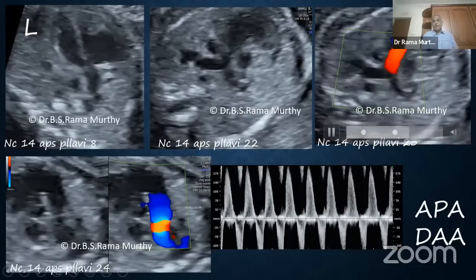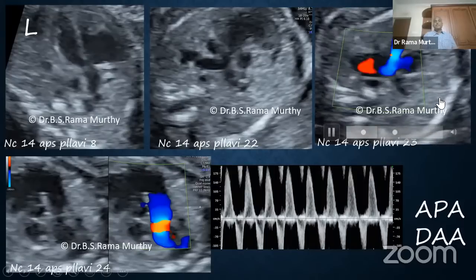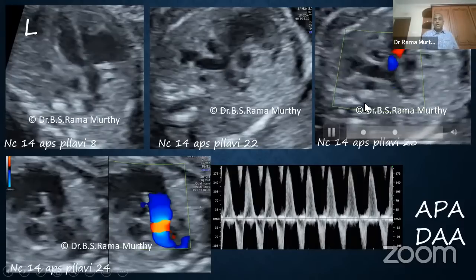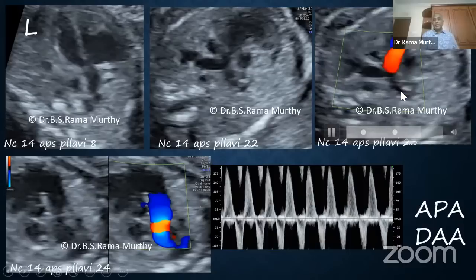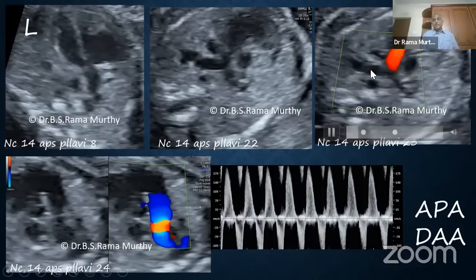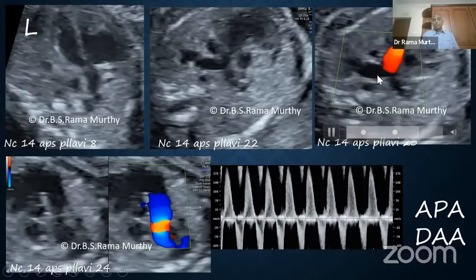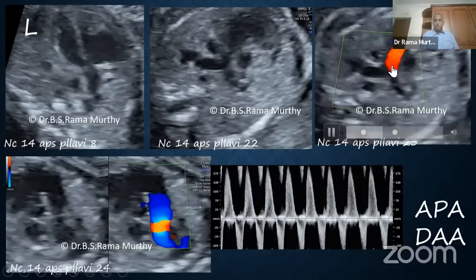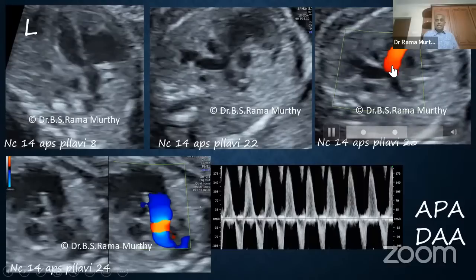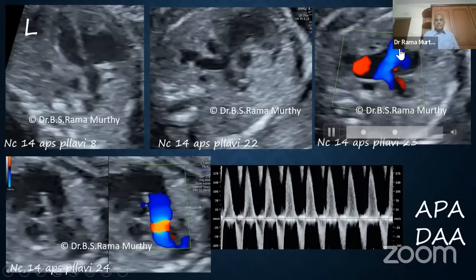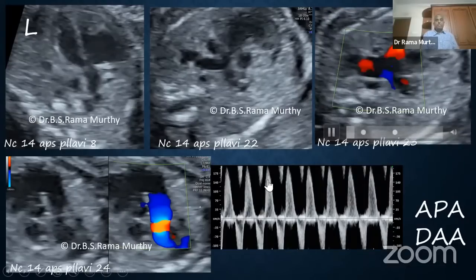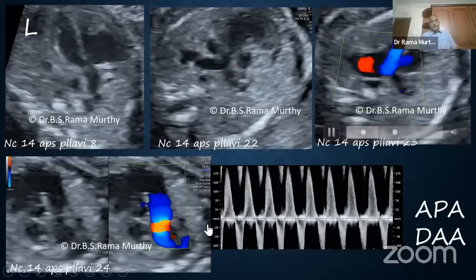You see a blue and red, and this is classical. And look at the helical flow seen in the dilated branch pulmonary arteries. So branch pulmonary arteries are dilated, with to and fro flow across the pulmonary valve and heavy aliasing seen during systole, telling us it's not only stenotic, but stenotic and regurgitant.